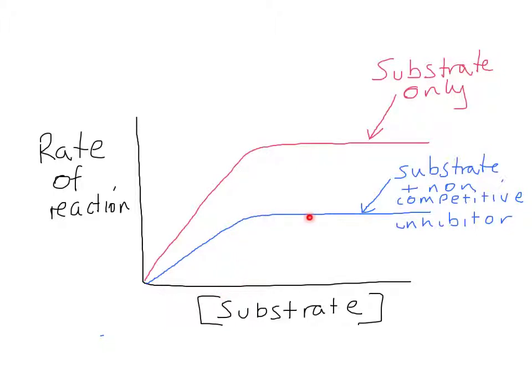But the maximum here is never reached, because at any one point a certain proportion of the active sites will be unable to bind to substrate, because the non-competitive inhibitor has bound to its sites and therefore rendered the active site unable to bind to the substrate.